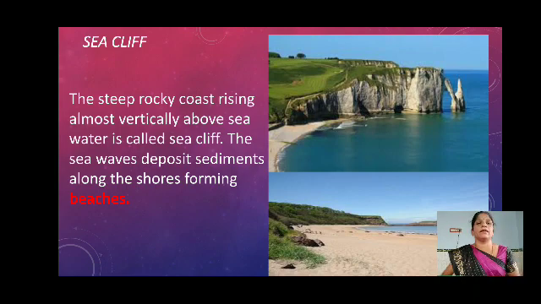Listen. The steep rocky coast rising almost vertically above sea water is called a sea cliff. The sea waves deposit sediments along the shores forming beaches. The rocks rising almost vertically above sea water, that place is called a sea cliff.